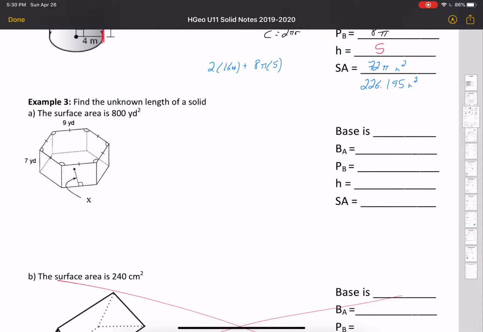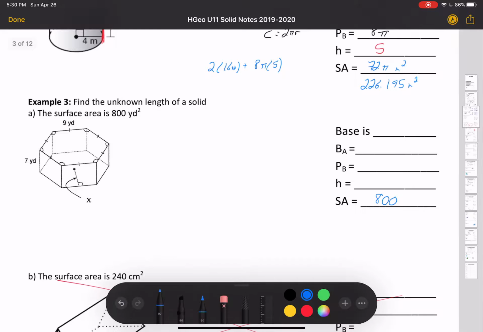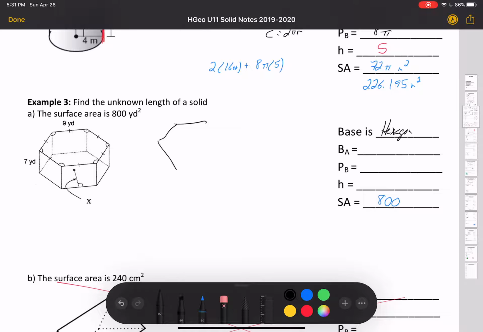Okay? And then our last type of problem would be if we have to work backwards. So for example, we know the surface area is 800. We know the base is a hexagon. So if I draw that hexagon separately, we are trying to find the apothem. We know each of the side lengths is 9, which means I know that the perimeter is going to be 54. We also know the height of this prism is 7.